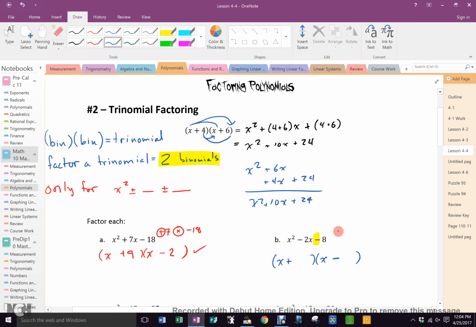And I need numbers that multiply to what? Negative 8 and add to what? Negative 2. Is it 1 and 8? No. Is it 2 and 4? Yes. How will 2 and 4 get me to negative 2? Positive 2, negative 4. Now, somebody always says, Mr. Myers, I want to write it this way.